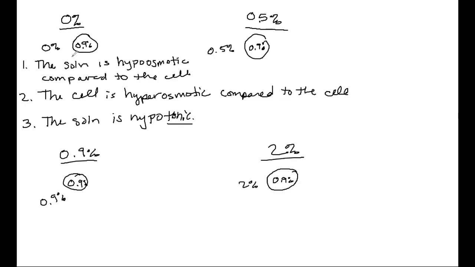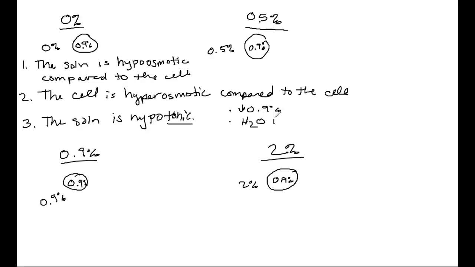Okay. Why do we use tonicity? It is a really great, fast way to explain what's going to happen. So if I give somebody a hypotonic solution, I know that it's less than 0.9, right? So I know that it's lower than 0.9%. And so that means water is going to move where?